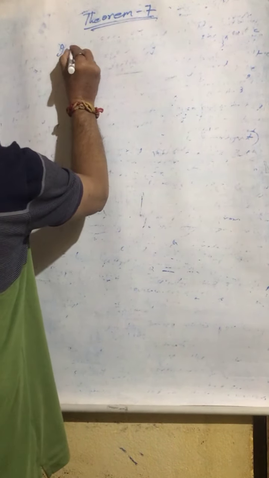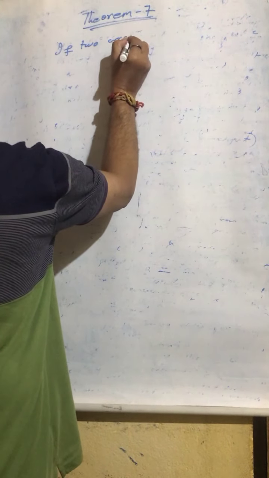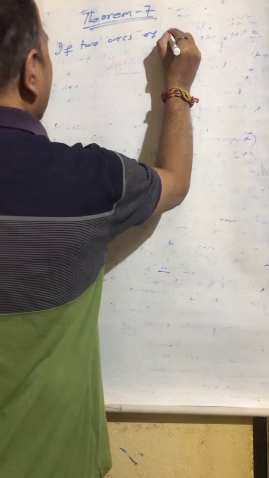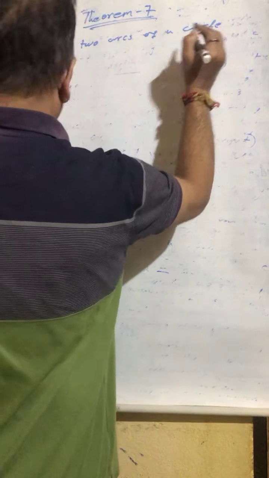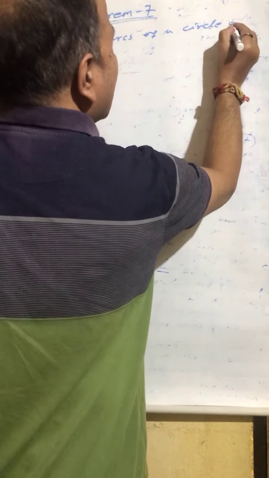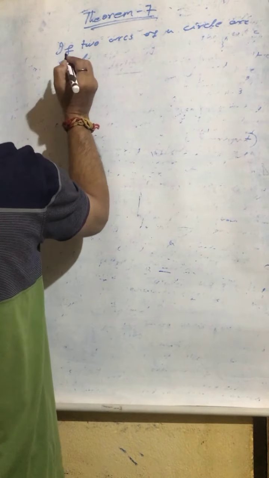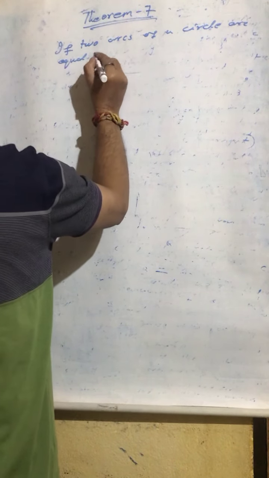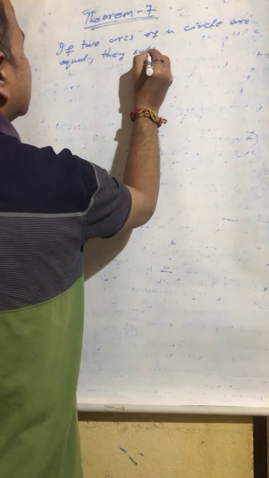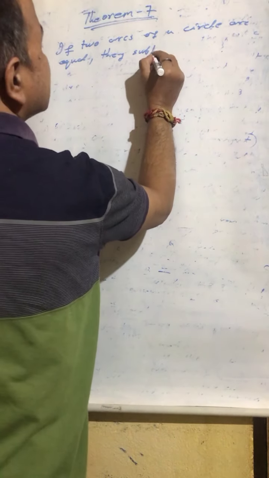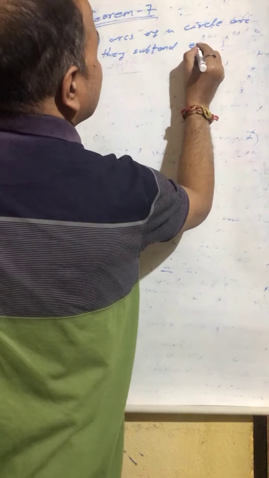If two arcs of a circle are equal, they subtend equal angles at the center.